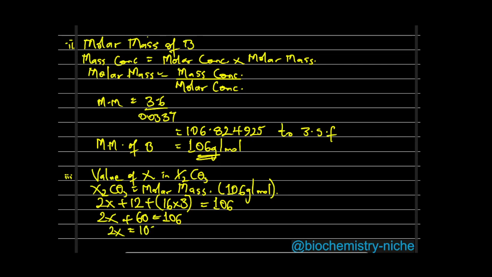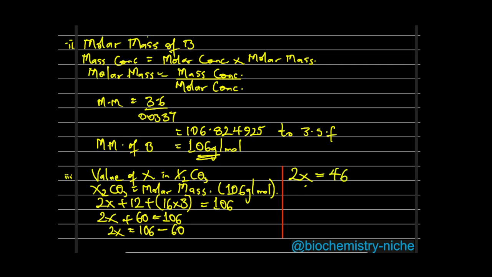So 2x equals 106 minus 60. Let me move to the next page so we don't model everything. Alright, so if 2x equals 106 minus 60, then 2x equals 46.